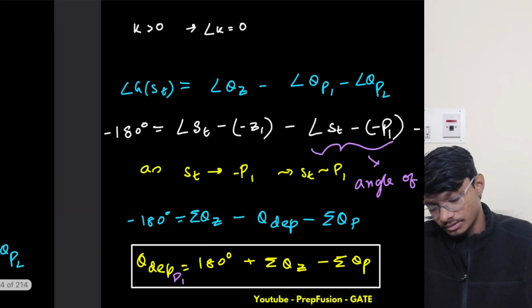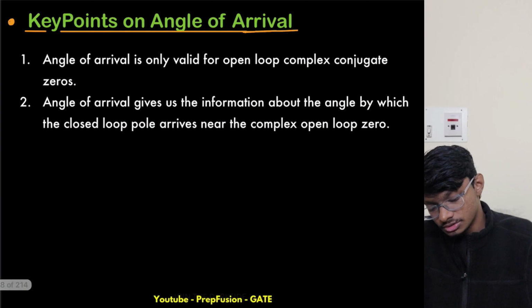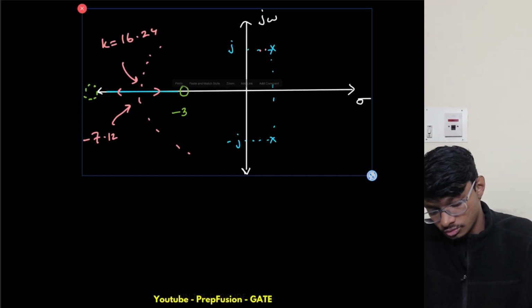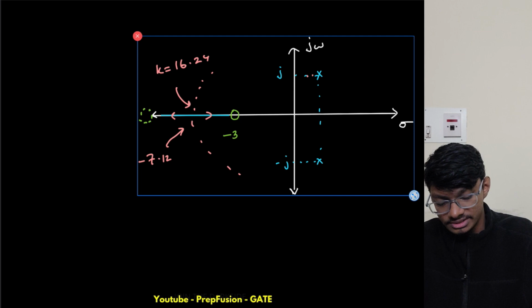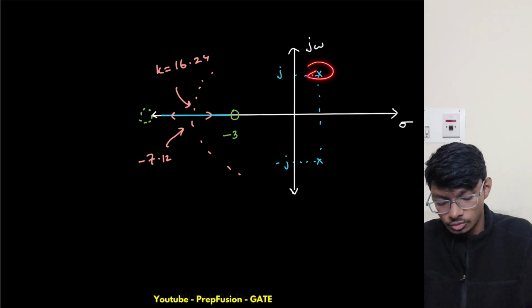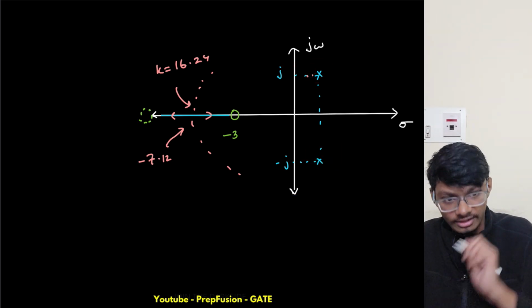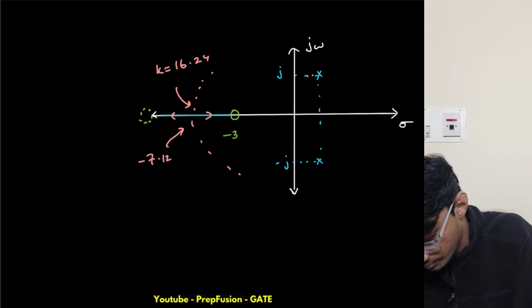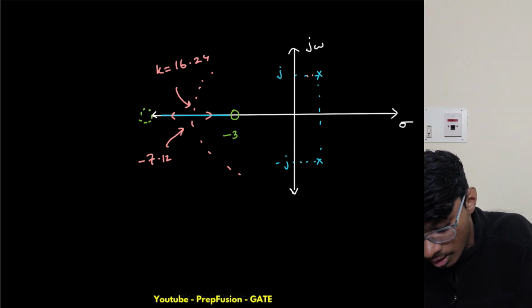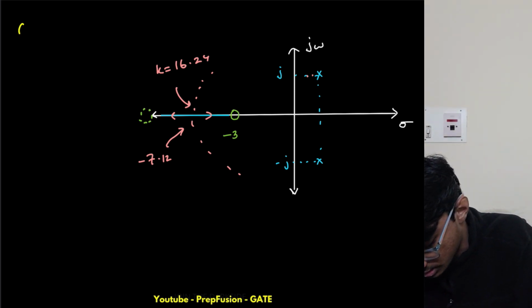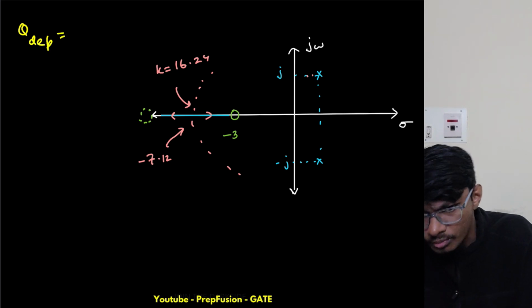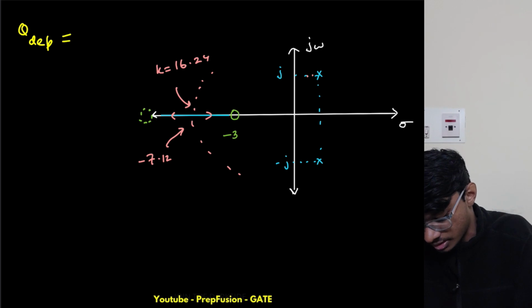So 2 branches will depart from these 2 complex conjugate poles, but at what angle? That I have to find out. So let's find theta departure. Let's understand how we find the angle of departure, and the same method will be established for angle of arrival also. We'll do multiple examples after this and understand how to find angle of departure and angle of arrival.